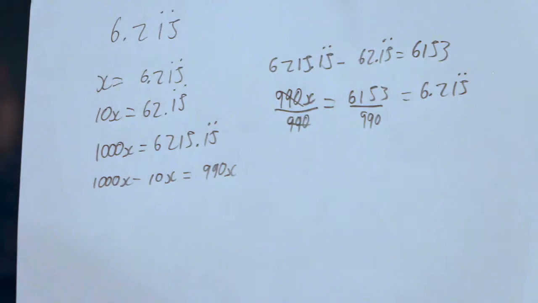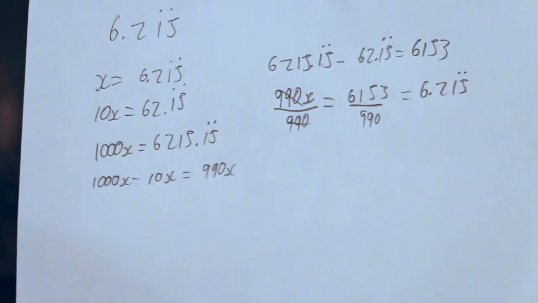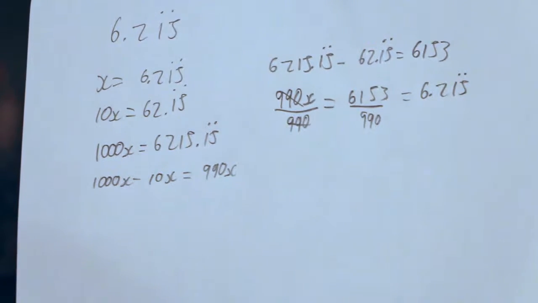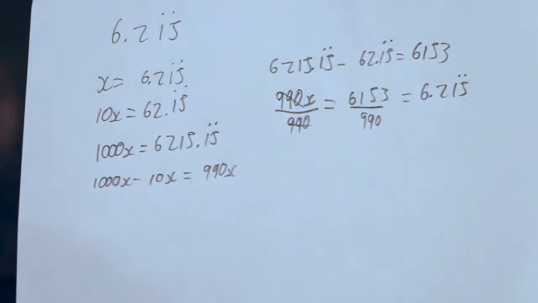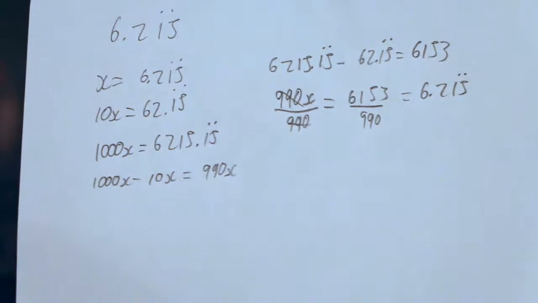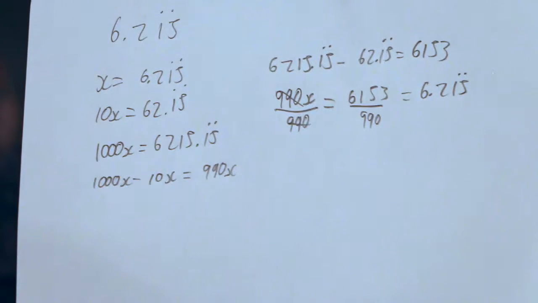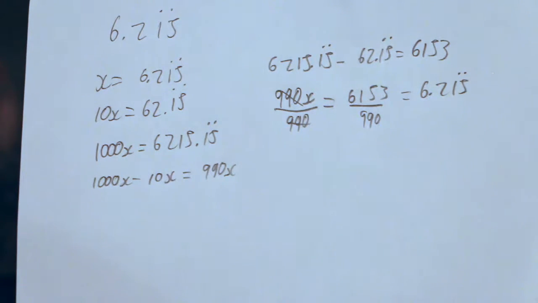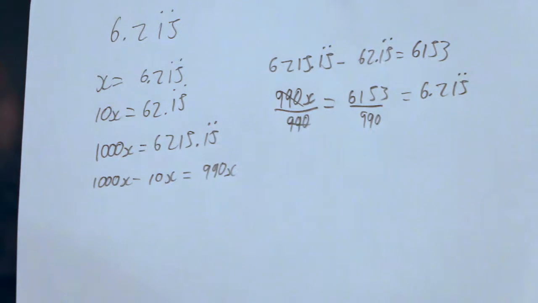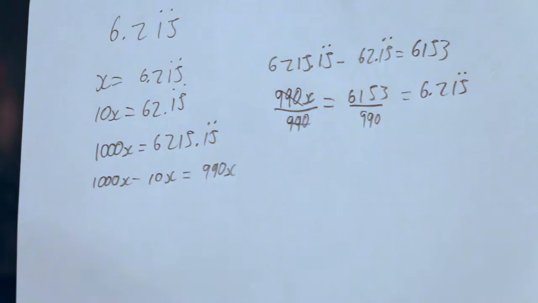So we subtract 10x, and that gives us 990x. And then 6,215.15 recurring subtracted by 62.15 recurring gives us 6,153. And remember, we use 62.15 recurring because we don't want the 2 to be part of the equation, because we only want 15 to be recurring. We don't want the 2 in the equation, as it's not part of the recurring decimal.